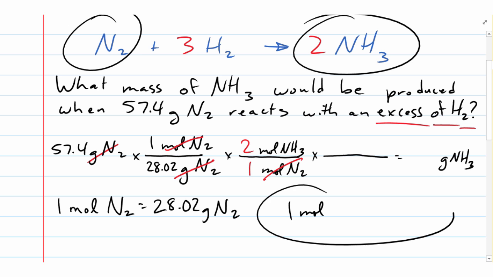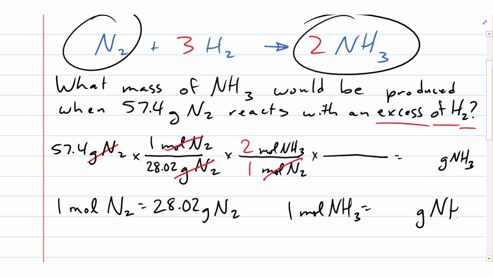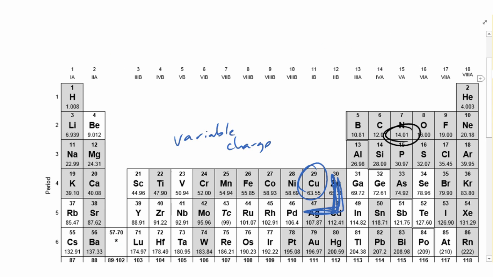So which molar mass are we going to calculate here? NH3. To find it, we come back to the periodic table and we need how many nitrogens? 1. And how many hydrogens? 3.